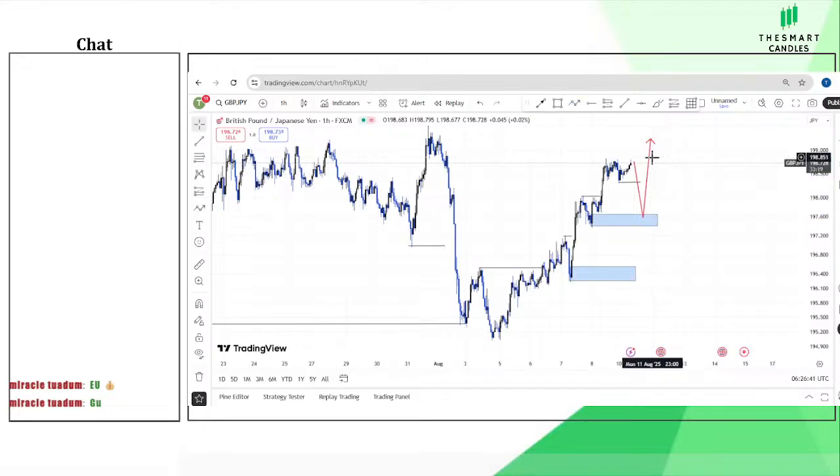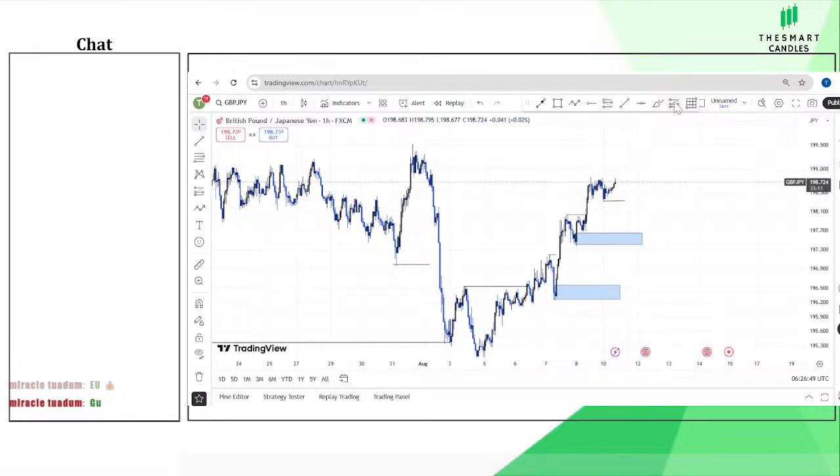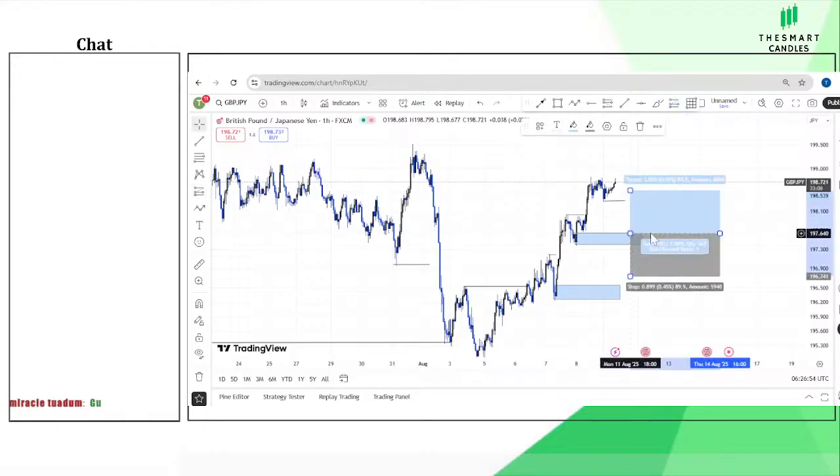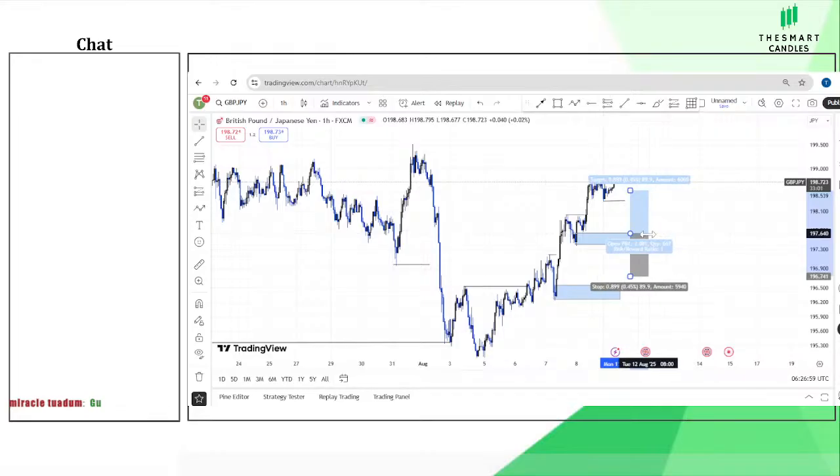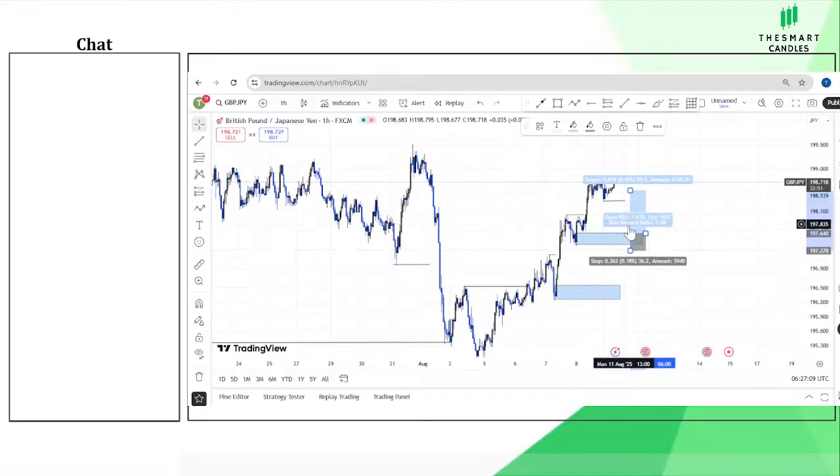So let me put a buy order and send the screenshot to the channel. We'll be using 35 pips as our risk. 32 is okay.